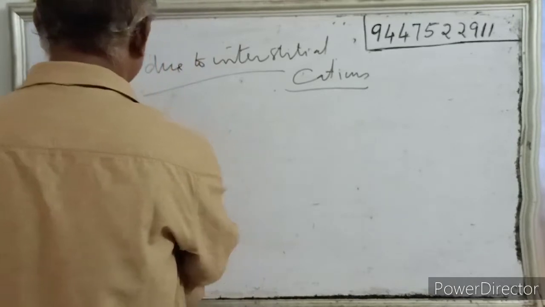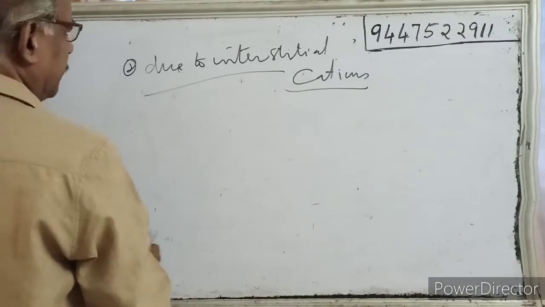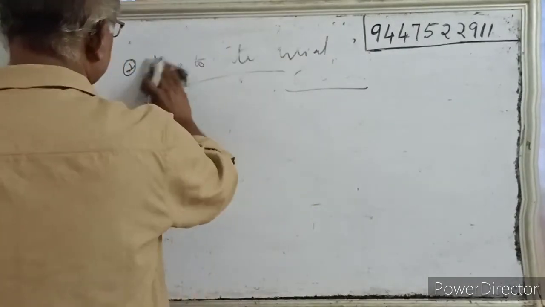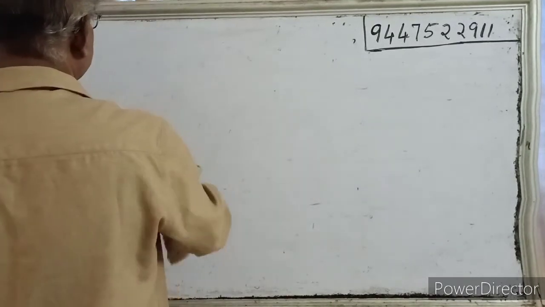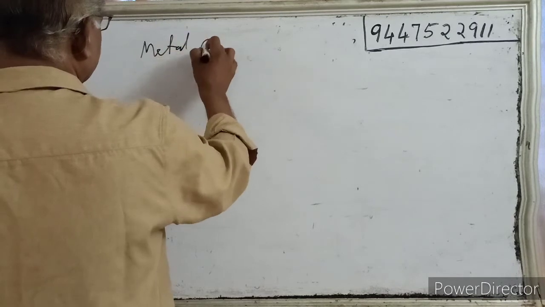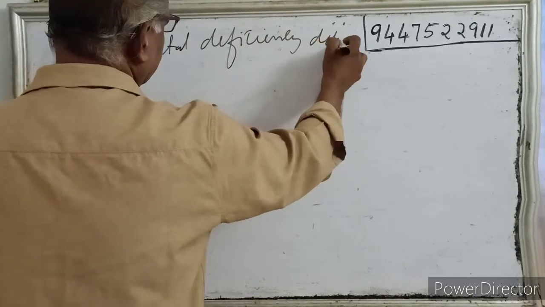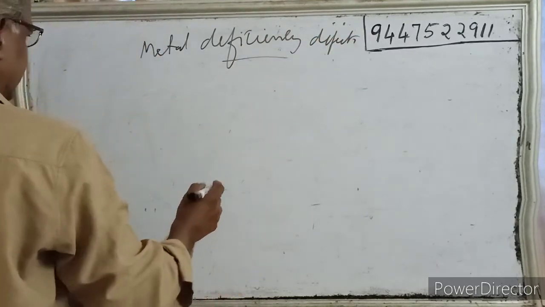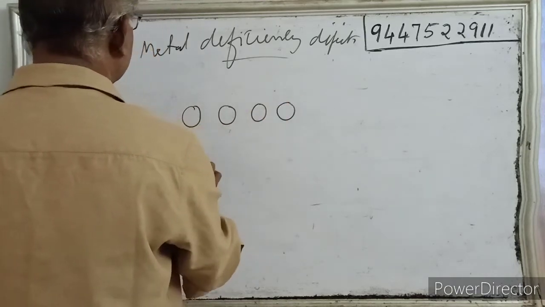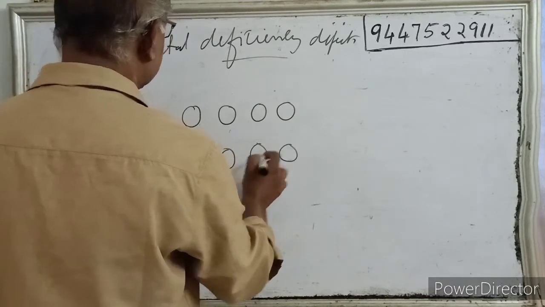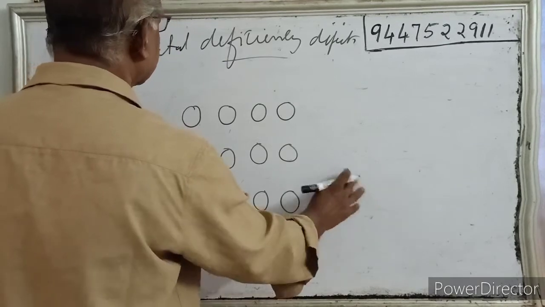And the next defect is the metal deficiency defect, a non-stoichiometric point defect.